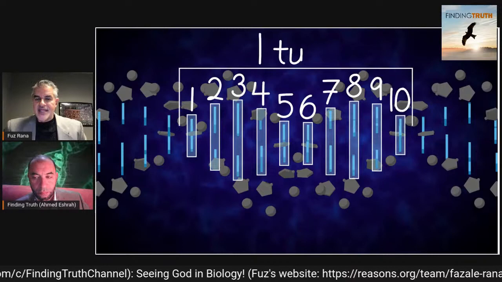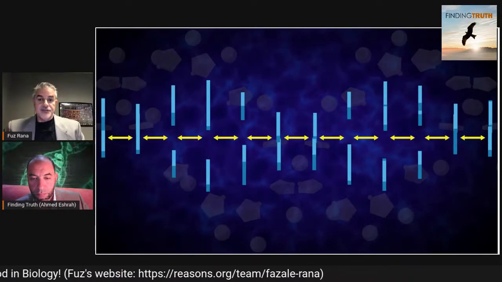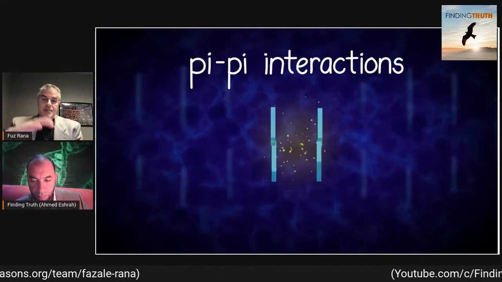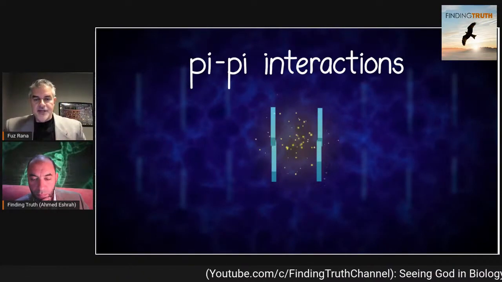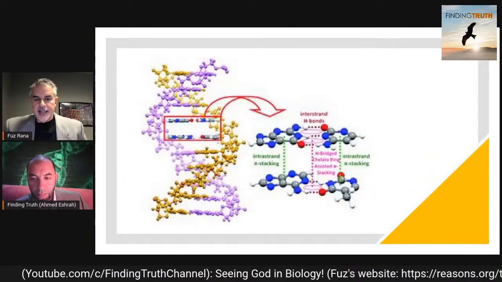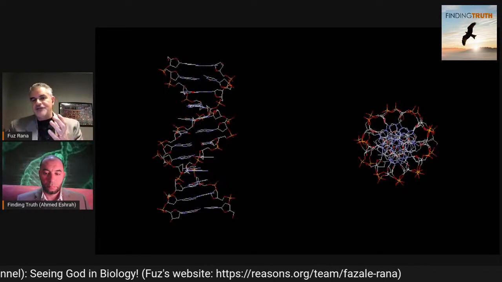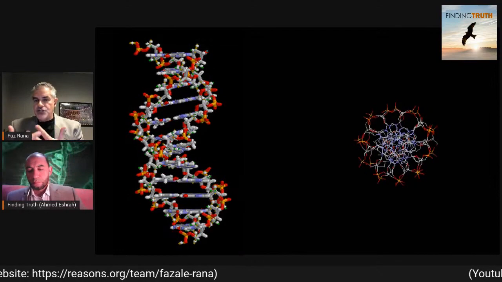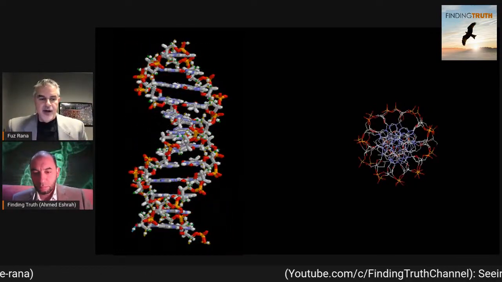You can see that these electron clouds overlap with each other, and they form this pi-pi stacking interaction. But that pi-pi stacking interaction goes along the entire length of the double helix. Here's another diagram showing that same depiction in different colors, just so people can appreciate what's happening in the interior of the DNA molecule.